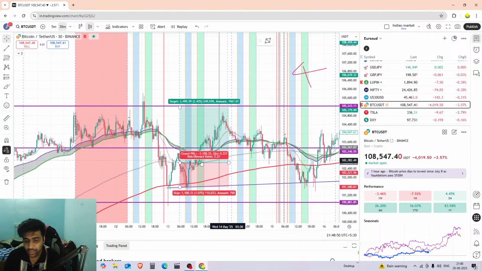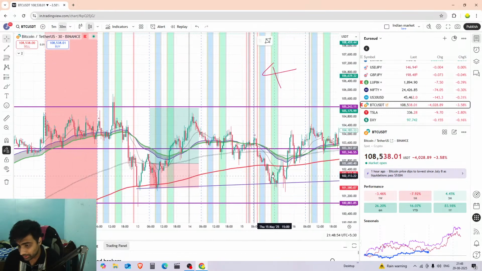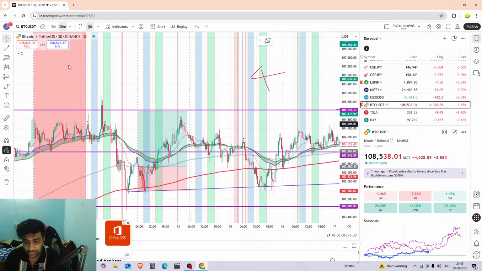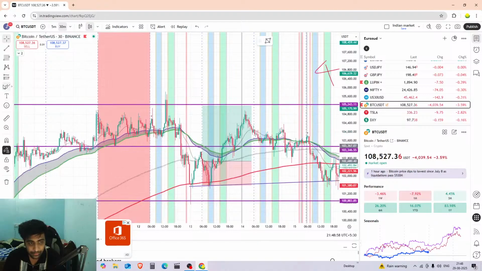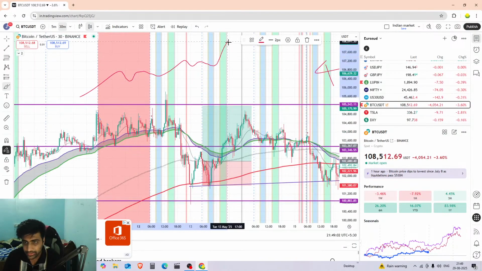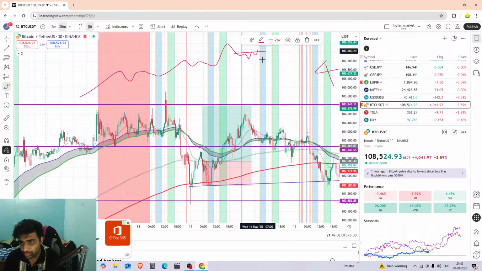Okay, now there are a couple of points which you have to keep in mind. Whenever there is an uptrend, like this, market is moving like this in an uptrend, and there is a double bottom at 300, we usually go long here and go up.